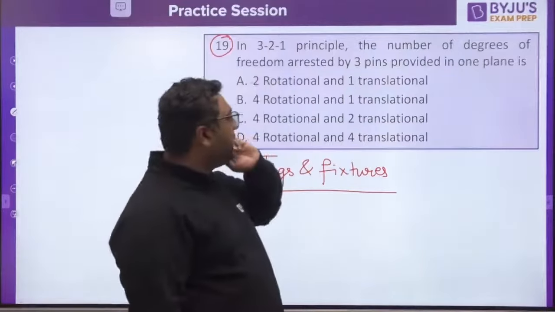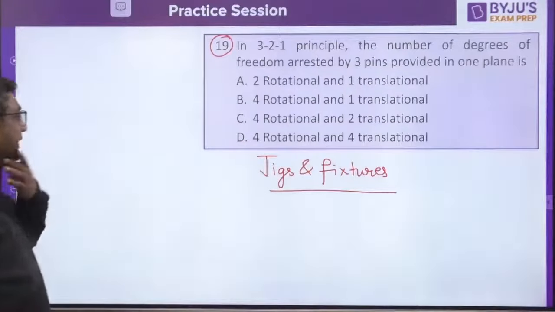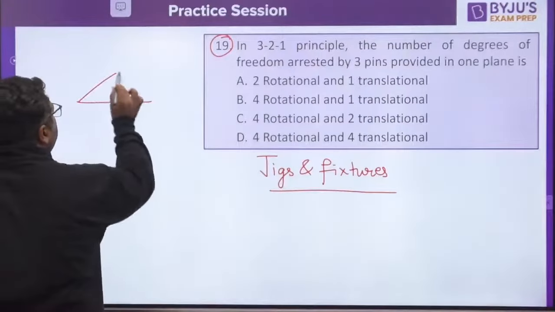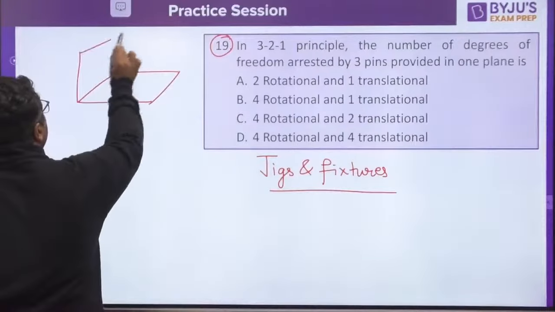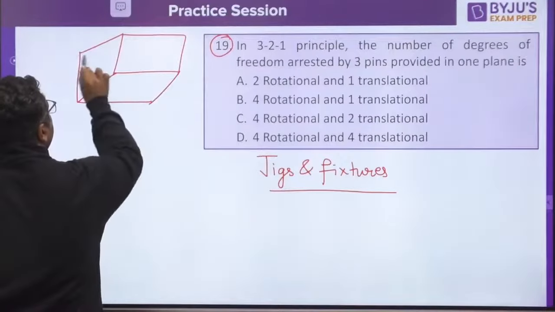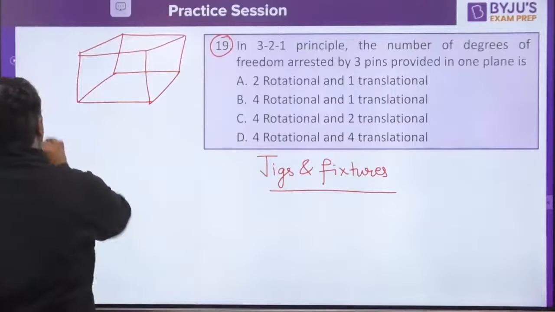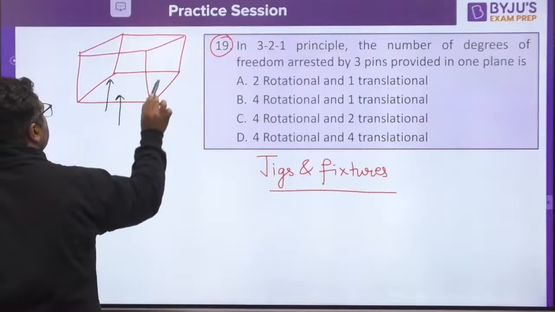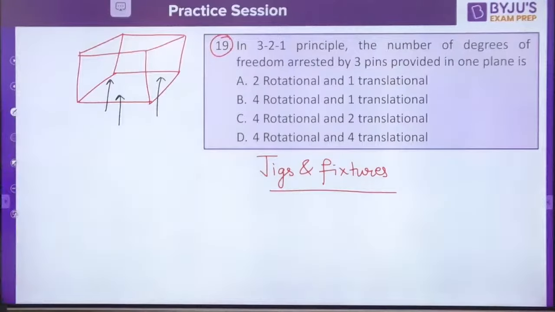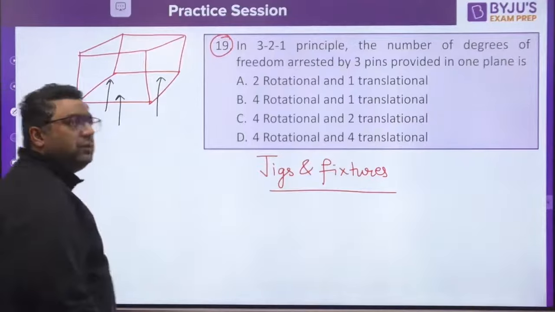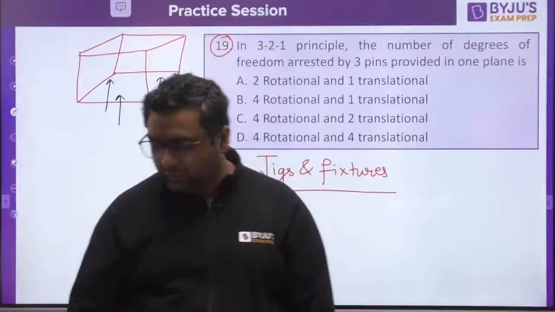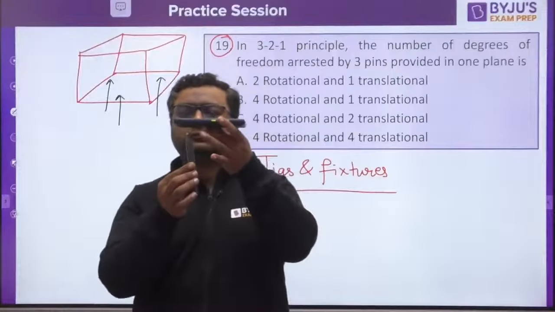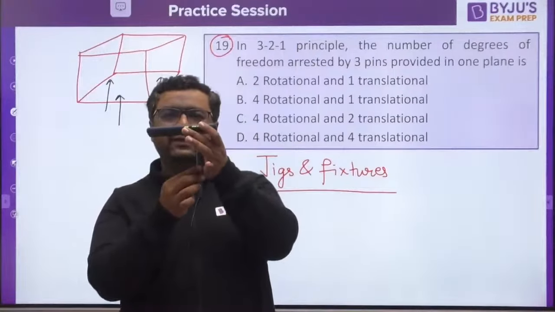In the 3-2-1 principle, the number of degrees of freedom arrested by 3 pins. So you know, when we are talking about a 3-dimensional workpiece, initially we are going to put 3 pins on this body, 1 pin here, 2nd pin here, 3rd pin here.